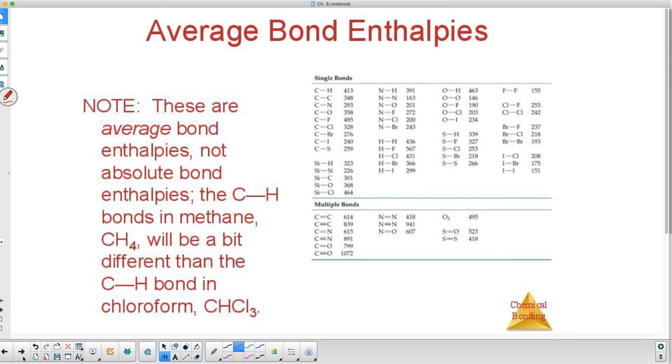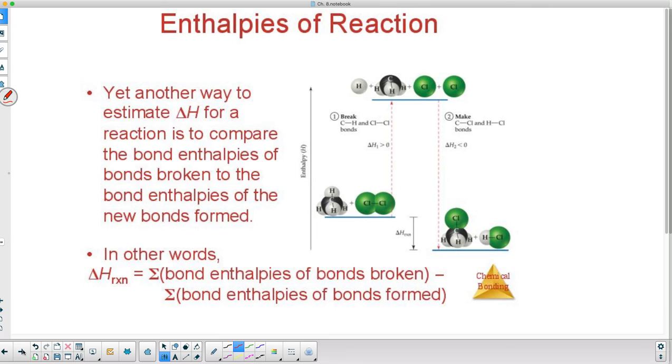These average bond enthalpies, the CH bond in methane will be a bit different than the CH bond in chloroform because of the rest of the stuff that's there. That changes the electronegativities and the strength of the bonds, but only slightly. That's something to remember, but not focus on too much.